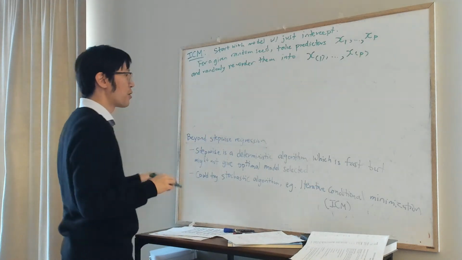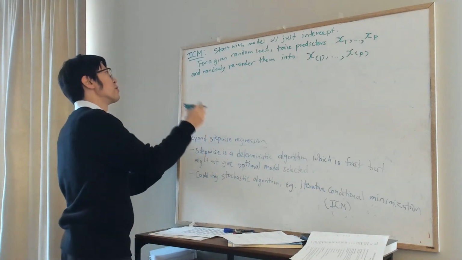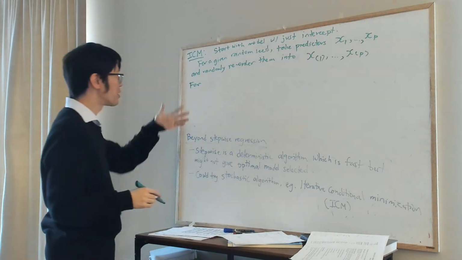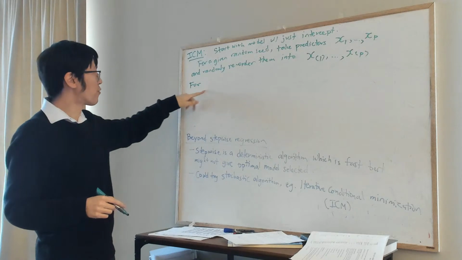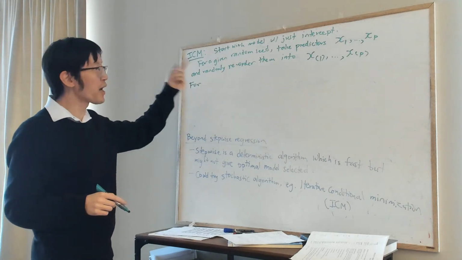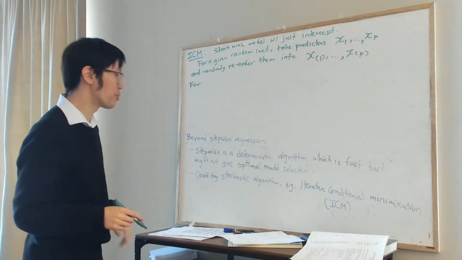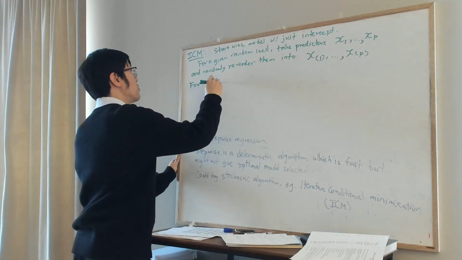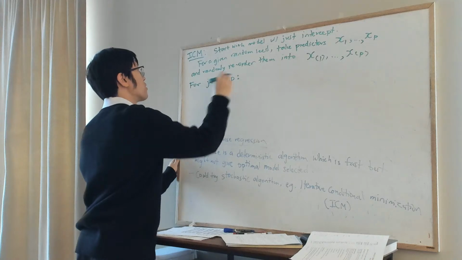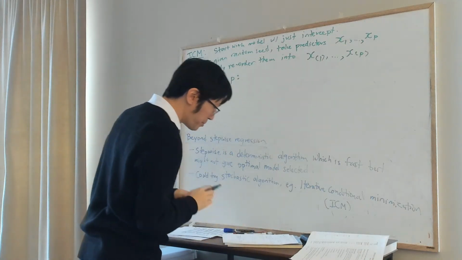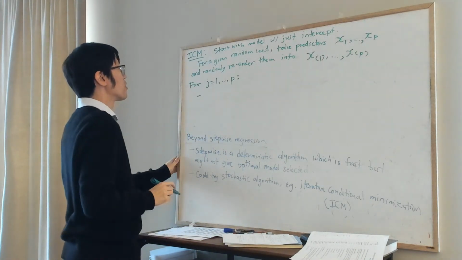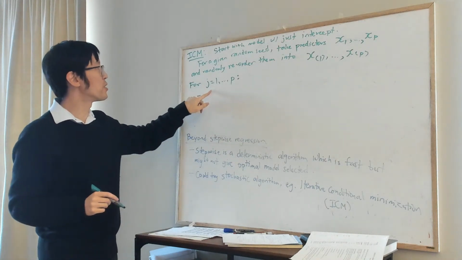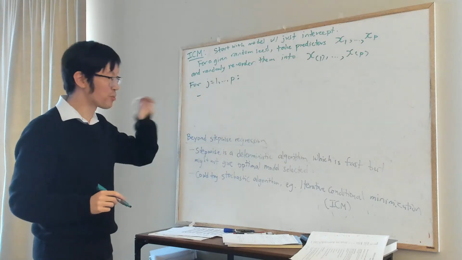Now we do something pretty similar to these stepwise methods, where at each operation we either add a variable or we delete a variable. We cycle through the predictors. Each of these predictors will currently either be in the model or not in the model.